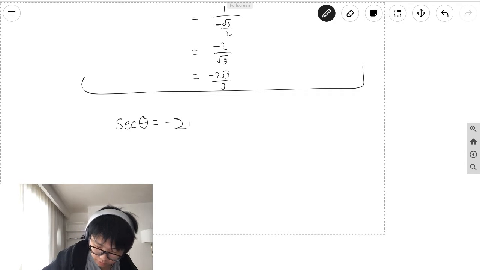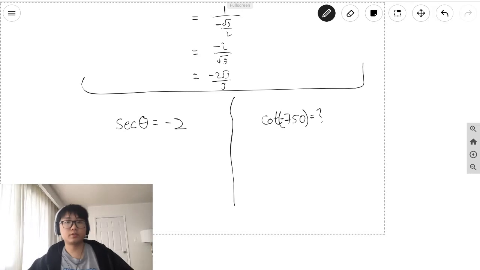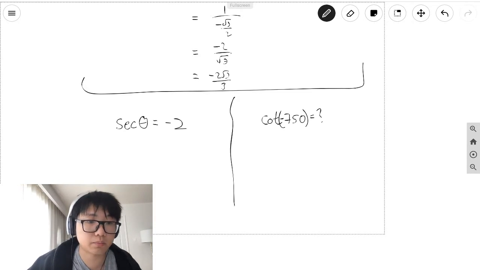And then the other problem will be the other flavor. So maybe cotangent of, I don't know, 750. Negative 750, let's make it a little harder. Alright, I'll see you in about 7 to 8 minutes.